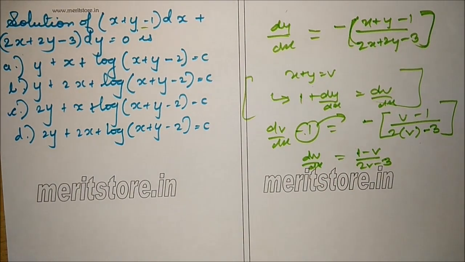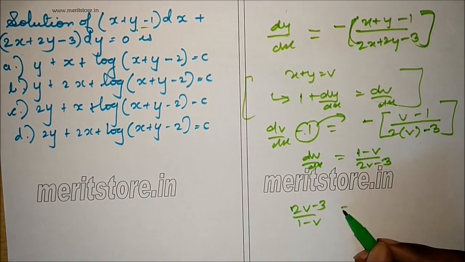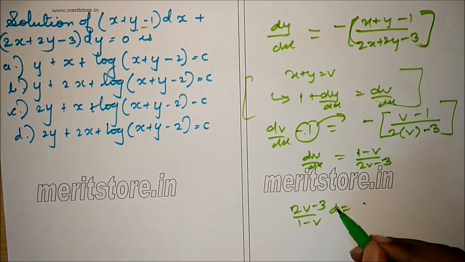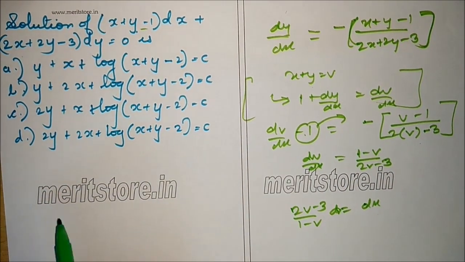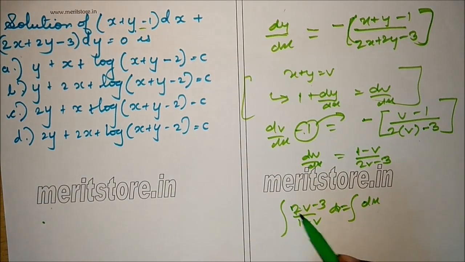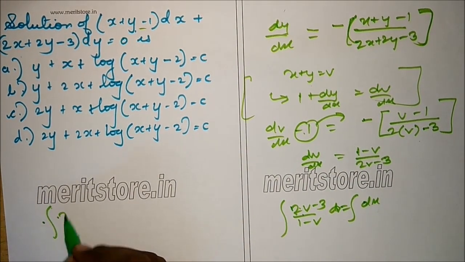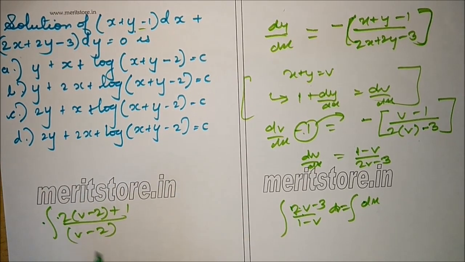So bringing v terms on one side, we get (2v minus 3) by (1 minus v) dv is equal to dx. So integrating both sides, we can write this term as integration of 2 into (v minus 2) plus 1 divided by (v minus 2).